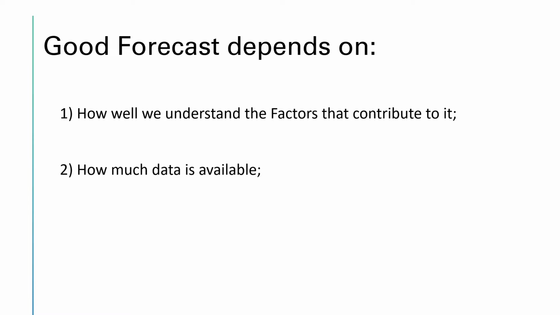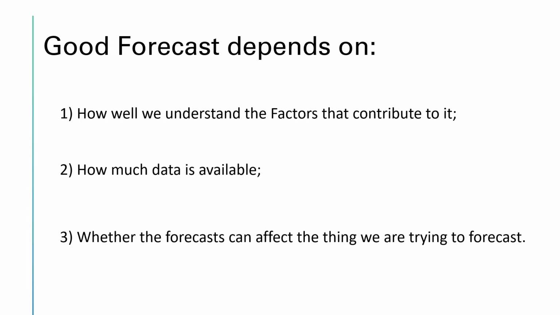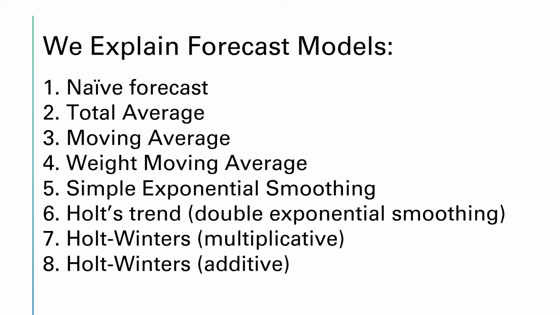There is also very crucial qualitative information, and whether the focus can affect the thing we are trying to forecast. I mean, if tomorrow it is announced that the exchange rate will increase, this also influences and impacts the future. Okay, in the next section we will go through the models in Excel.